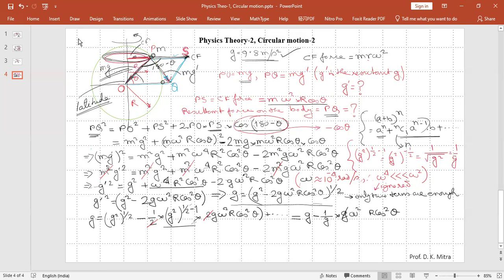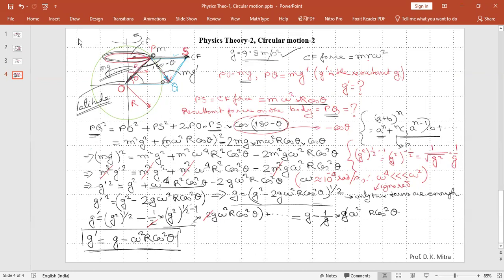So this g gets cancelled. So what do you find? This g dash, or the apparent acceleration of gravitation, is equal to the actual acceleration of gravitation g minus omega square r cos square theta. So this is how.